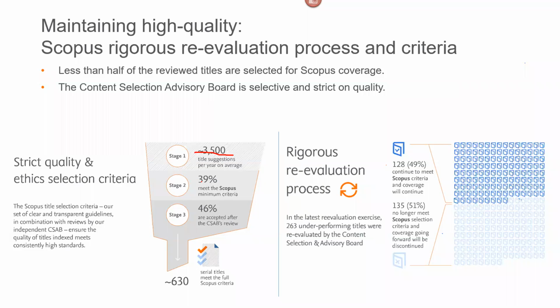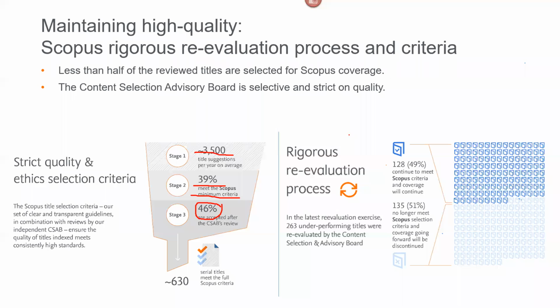Out of 3,500, 39% of the titles met the minimum criteria, or the first level of criteria, and out of this 39%, 46% of these titles were accepted by the Content Selection and Advisory Board. And that's for the first time, when a journal is to be accepted in Scopus.